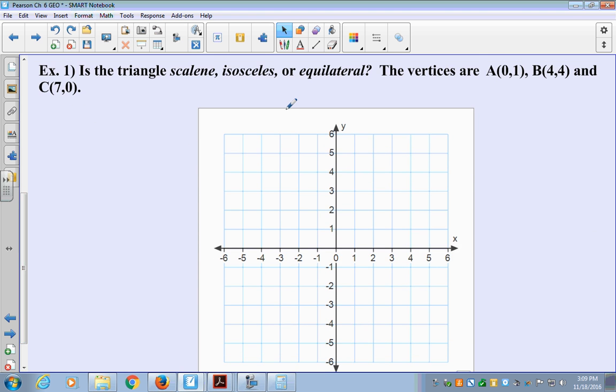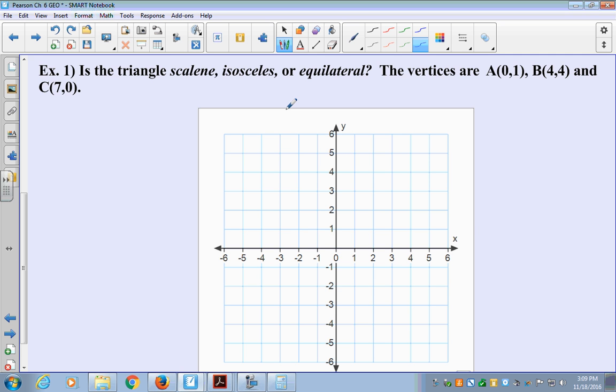All right, so we're going to create a triangle with these vertices. My suggestion to you, and since I grade your papers, I definitely would take my suggestion, is to put the coordinate and the point on your graph.